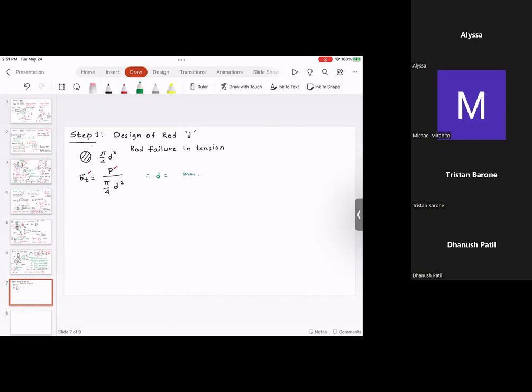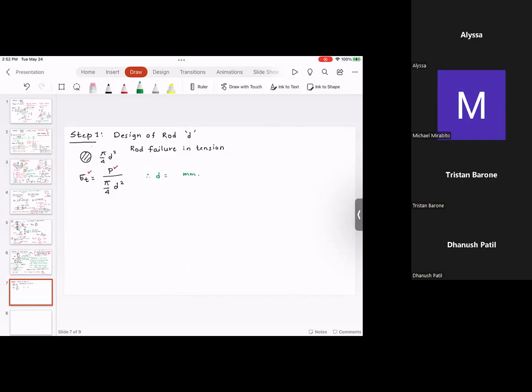Now some of you may ask me, why not find d in compression? And you're absolutely right. Sometimes the socket and spigot in a Cotter joint would be in compression. But we are trying to find dimensions that are always bigger.